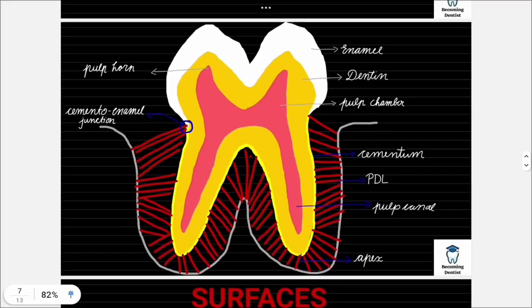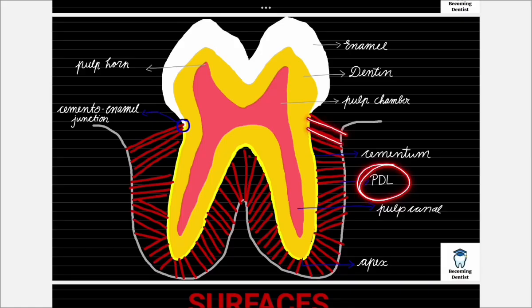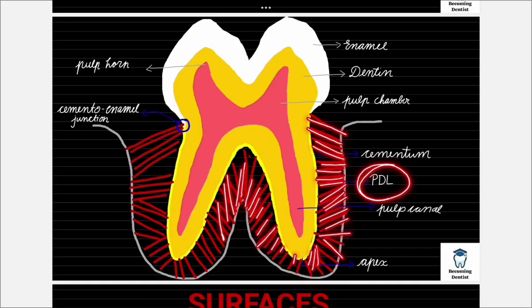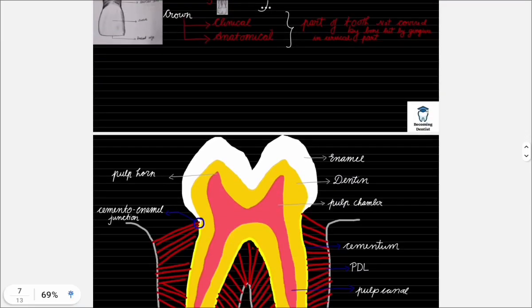Now, here the alveolar bone is connected to the tooth by various fibers or ligaments called the periodontal ligament. These red fibers which you can see here, which connect the tooth to the bone, are called periodontal ligaments. So these are basically all the parts of the tooth, the outside and the inside.